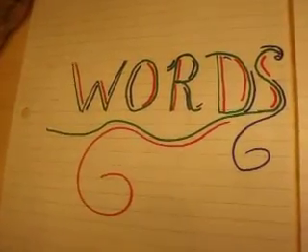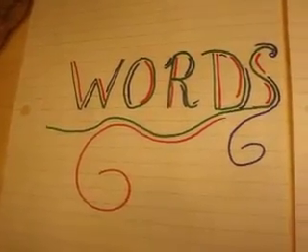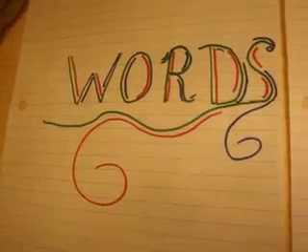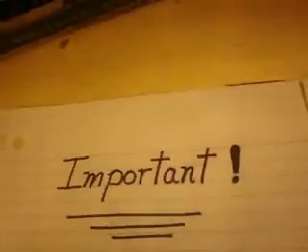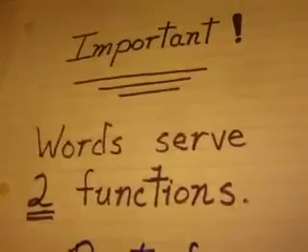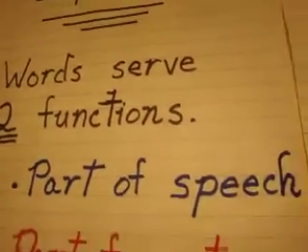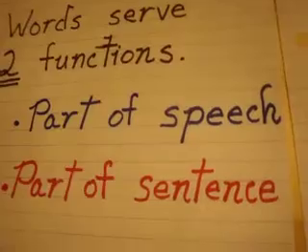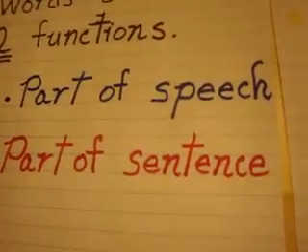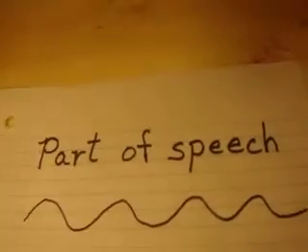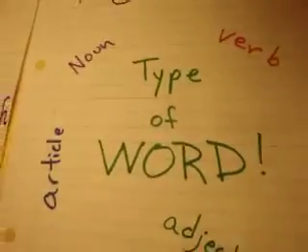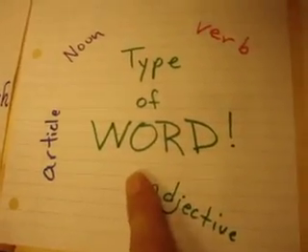The smallest part of grammar that we are going to discuss are words. Important. Words serve two functions: part of speech and part of sentence. When you hear the words part of speech, I want you to think the type of word.